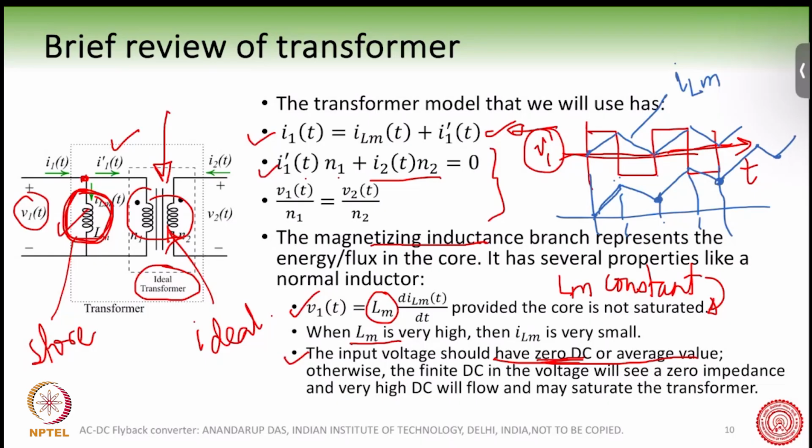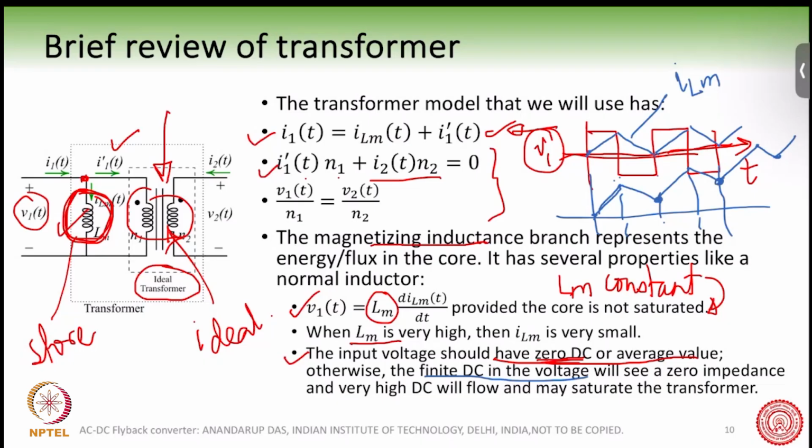So what you are observing is that if you do not have a zero DC, or if you have a finite DC, the ILM current will go on rising. At one point of time, your transformer will get saturated.